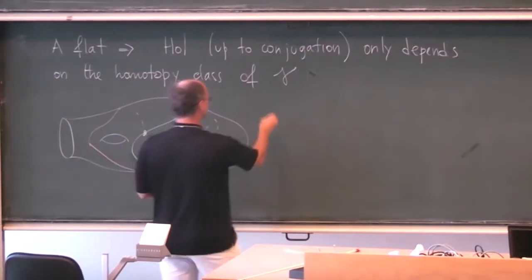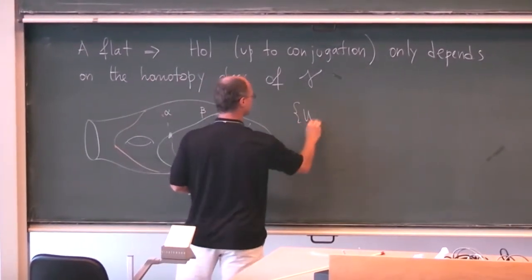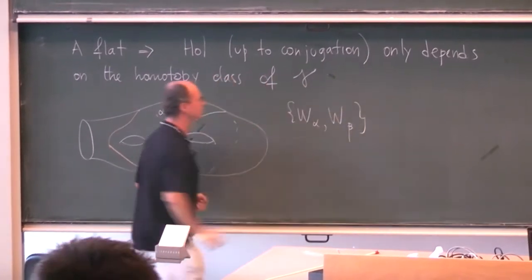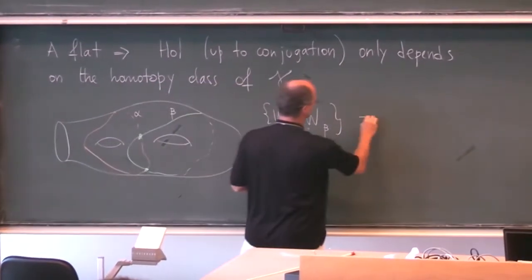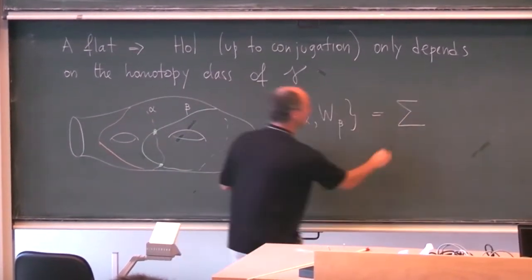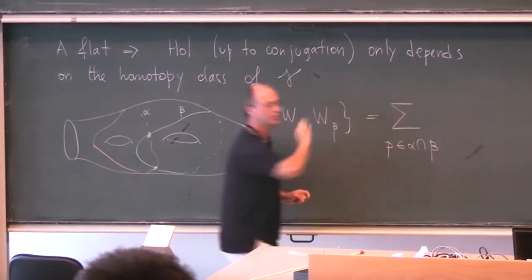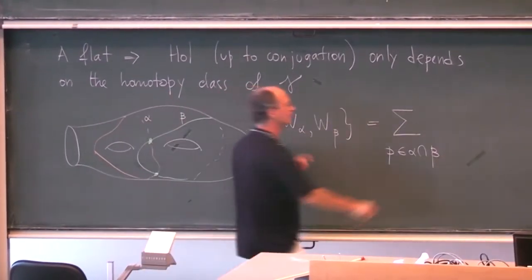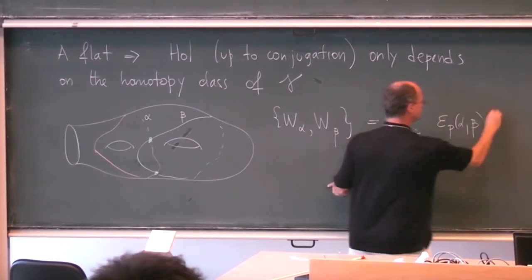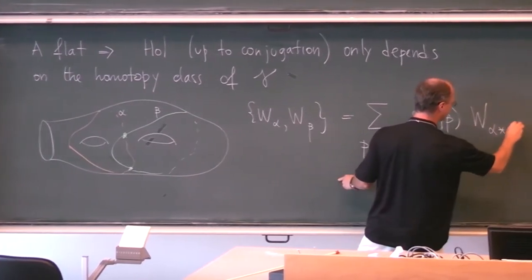For two curves, let's say alpha and beta, we assigned the Goldman bracket, and the feature of this Goldman bracket was that it was a sum over the intersection points between the curves. Then it was some sign and some W of a new curve.